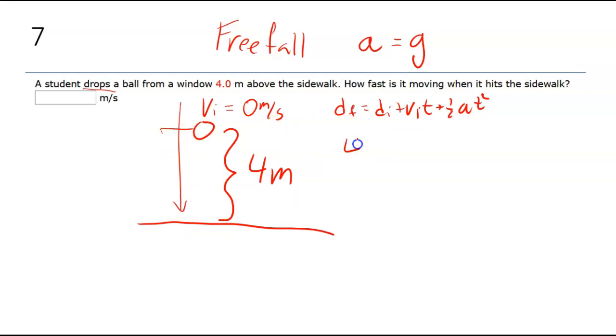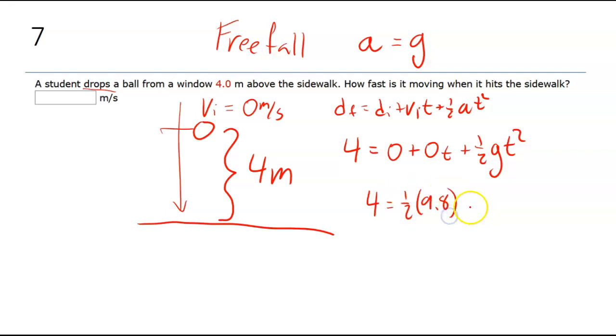I'd say 4 is equal to 0 plus 0t plus 1/2 g t squared. And we get that same kind of relationship that we did in the previous one, solving for the time down. 4 is equal to 1/2 times 9.8 times t squared.